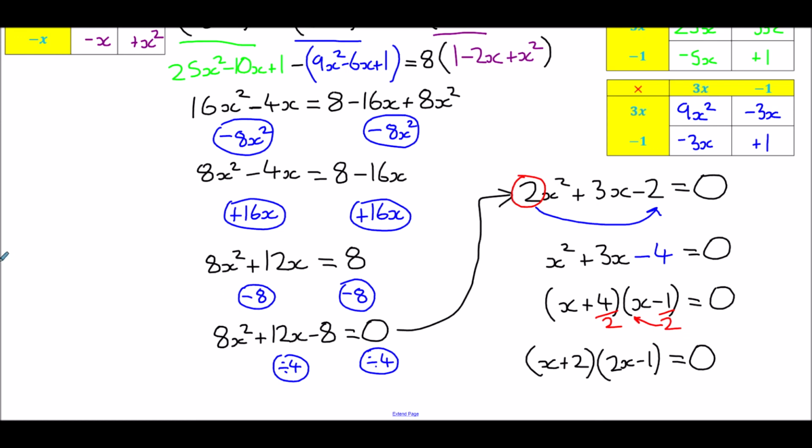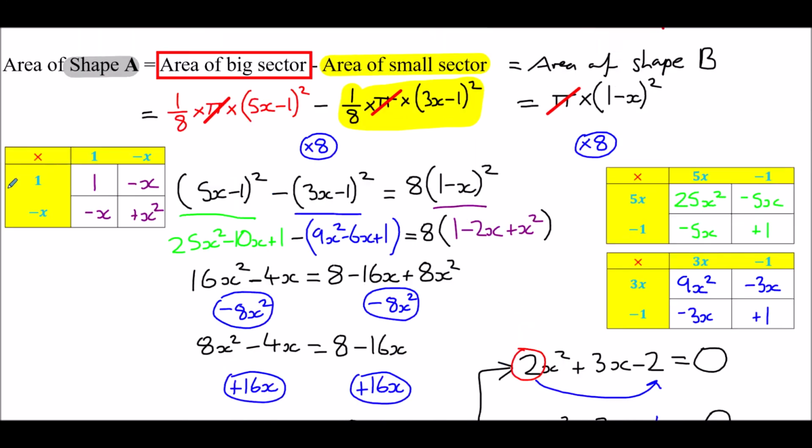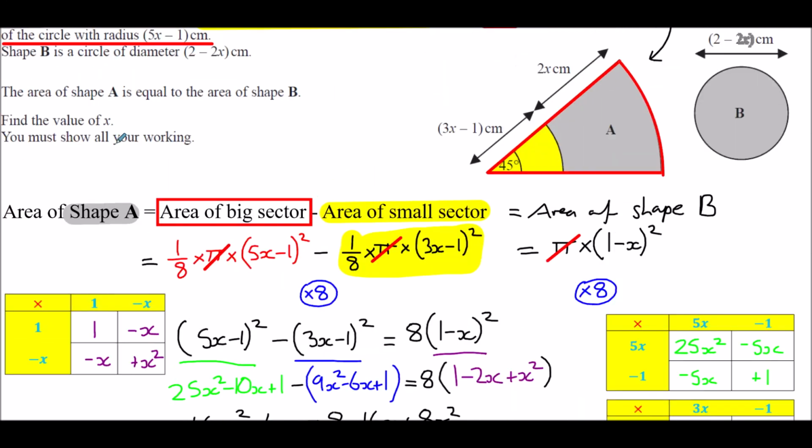So what are we trying to find out for x? It's easy to forget what you're actually doing here. Well, x is essentially a length here. So find the value of x. If you look at this, it means 2 times x. So 2x is a length, so x has to be positive. You can't have a negative length, it doesn't really make any sense.